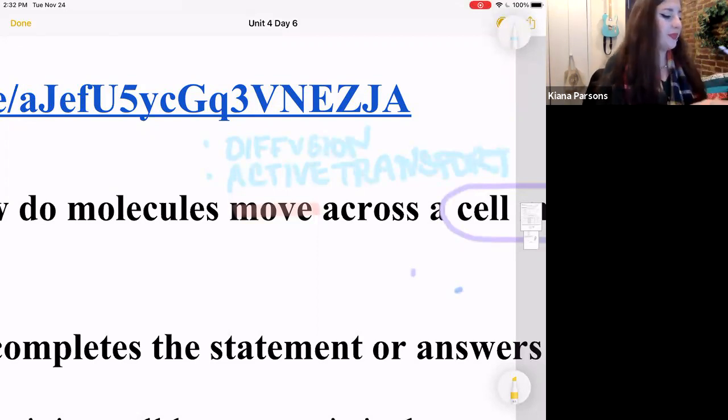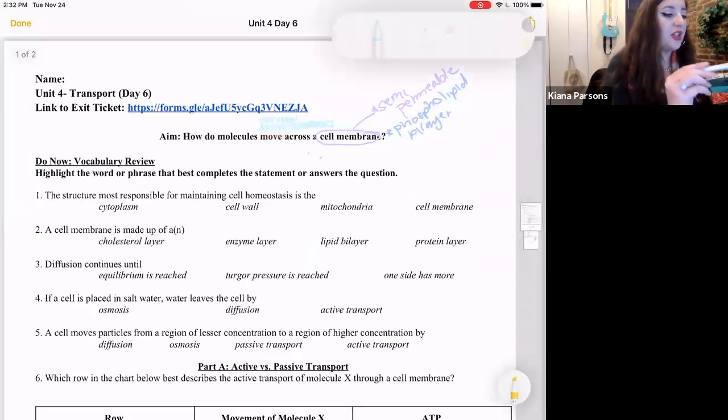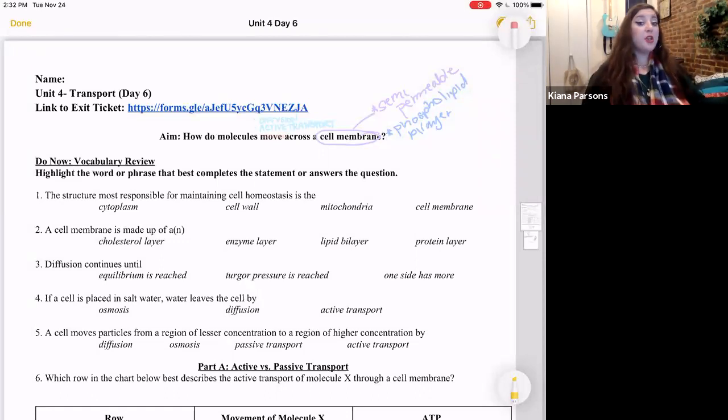All right. So now that we have sufficiently decoded our aim for today, how do molecules move across the cell membrane? That's what we've been talking about this entire unit, right? Because this process of how molecules get across the cell membrane is critically important to life.